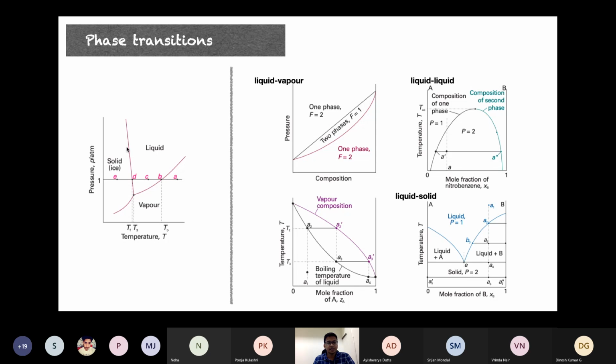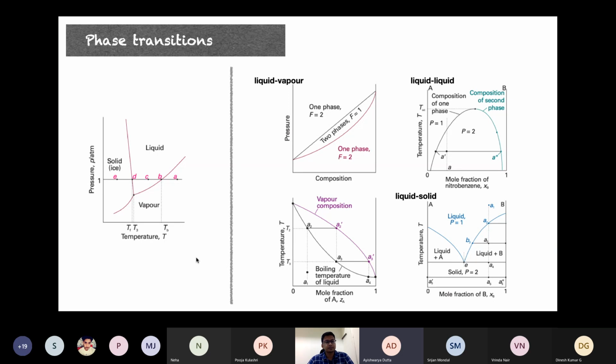If I show this phase diagram to you, and I tell you that this is a phase diagram of water, what gives me confidence that I can claim that this could be a phase diagram of water? Anyone? Sir, the melting curve has a slope.